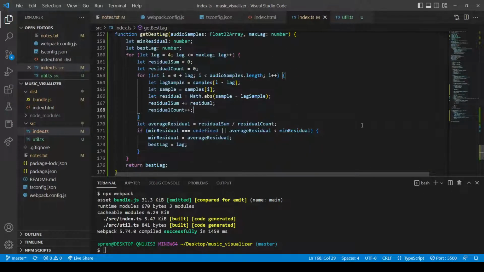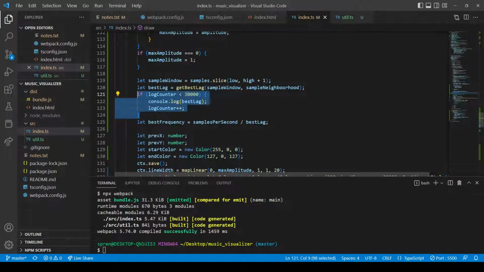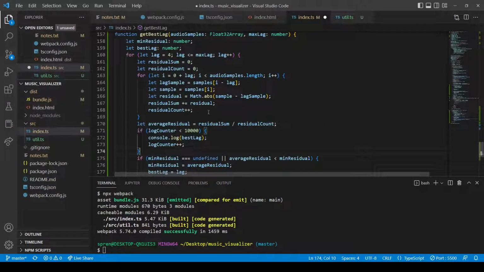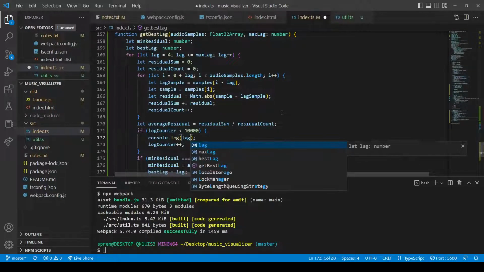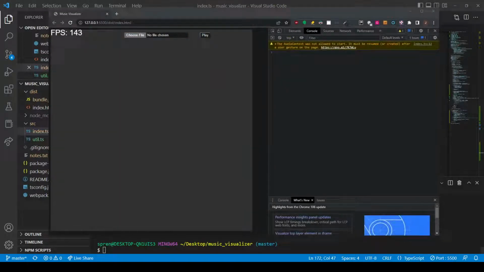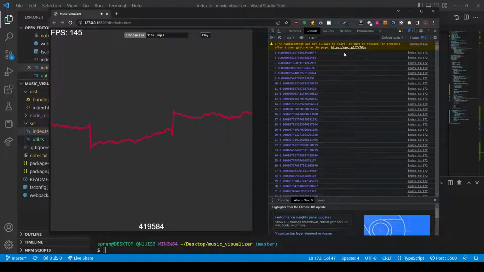What if I print out the lag together with the average residual, just to see if there's not something silly going on there, right? Okay, we come up here to the top.